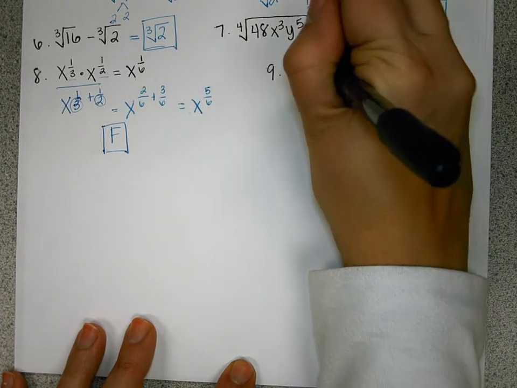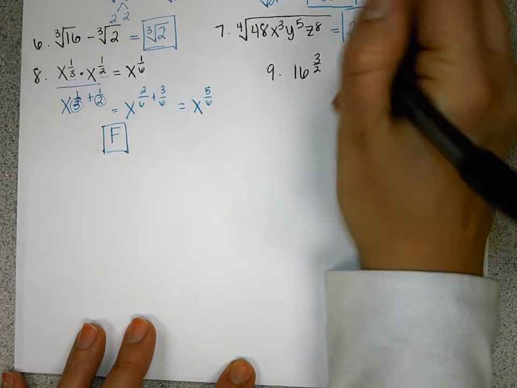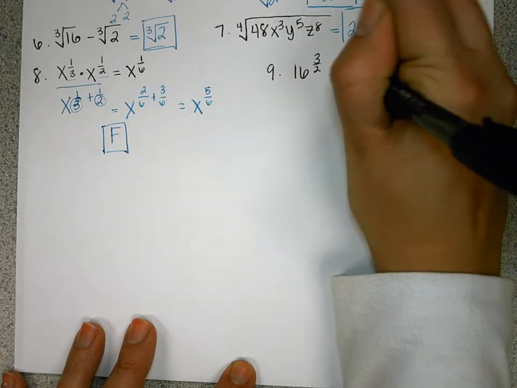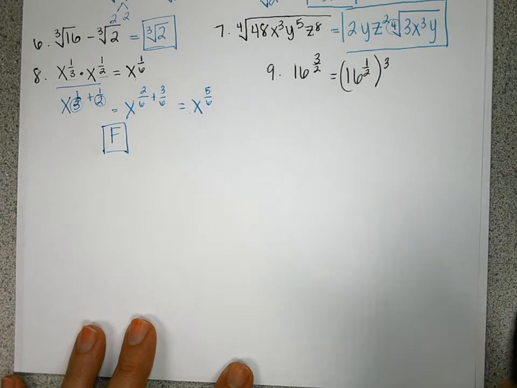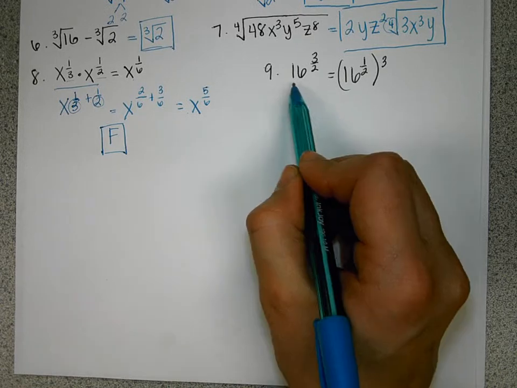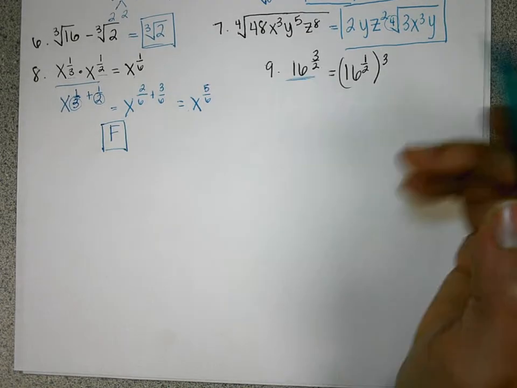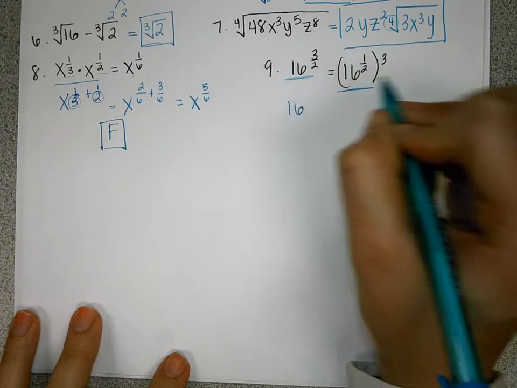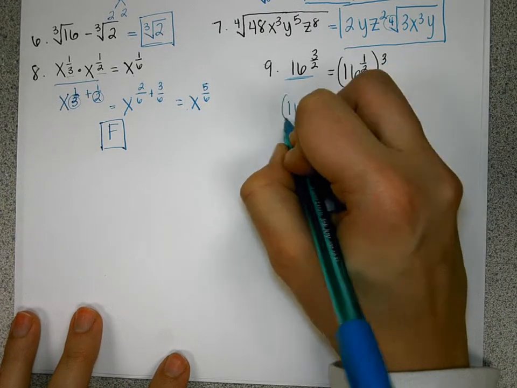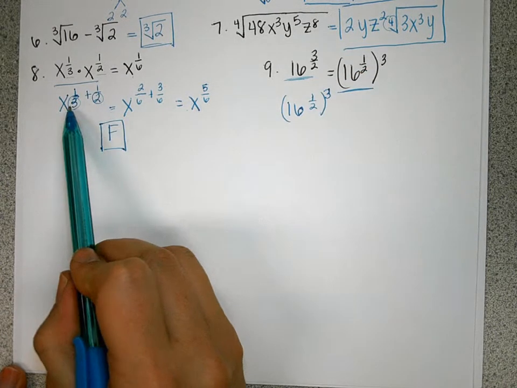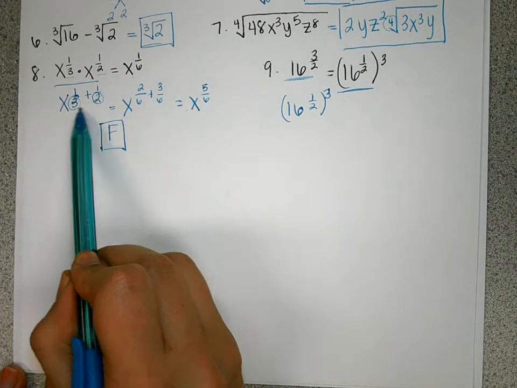16 to the 3 over 2 is equal to 16 to the 1/2, all of that to the 3rd power. It would be really hard for us to take that left-hand side and break it down, so let's actually work with the right-hand side. 16 to the 1/2, all of that to the 3rd power. When I am multiplying powers, I add the exponents.